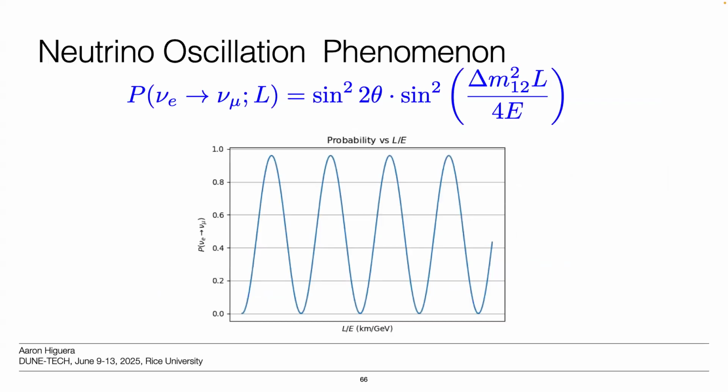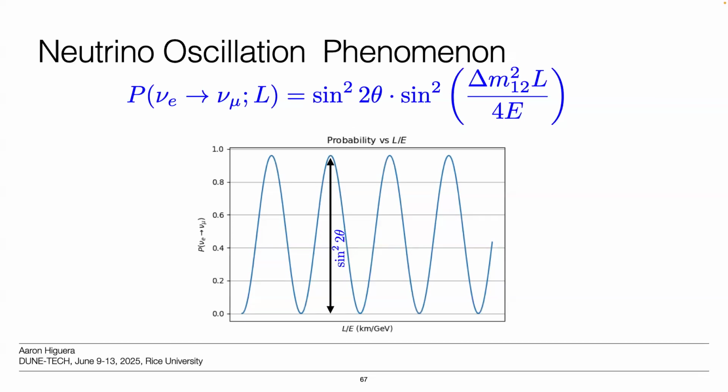And this is why this is called the neutrino oscillation phenomenon, because this pretty much is an oscillation phenomenon. You think about waves, this is an oscillating wave, right? And everything is governed by the maximum oscillation probability, which is given by the size of this angle. Let's call it the oscillation angle, right?